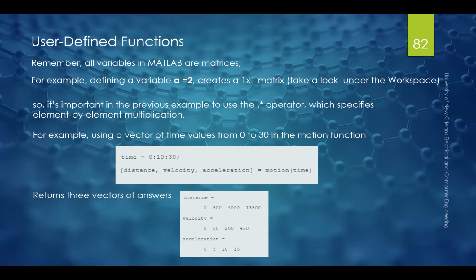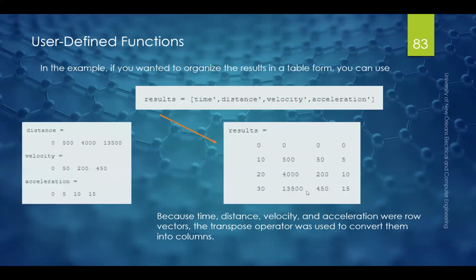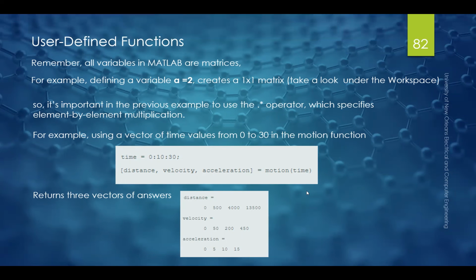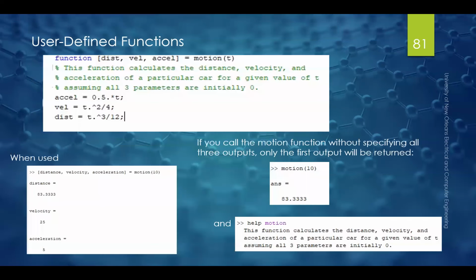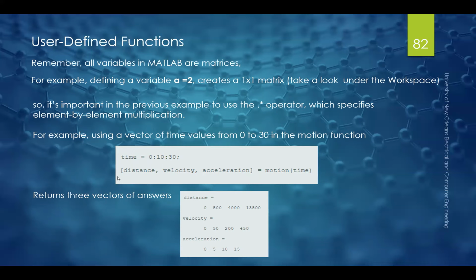If we use that function again in a slightly different way, in the previous example we just gave it a single value of 10 as the time, and the function gives us the distance, velocity, and acceleration. We can also define a vector of times if we want a whole set of results for different values of time.